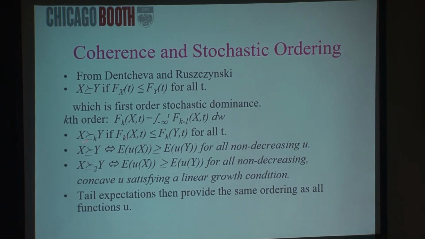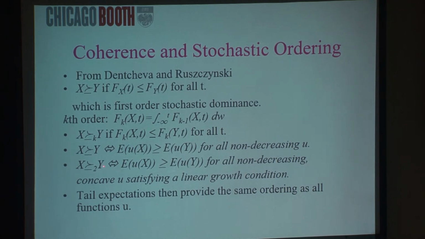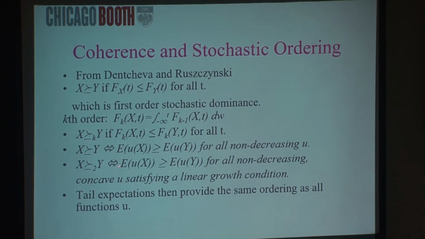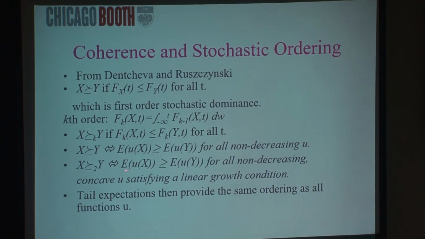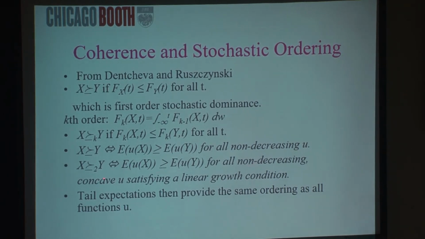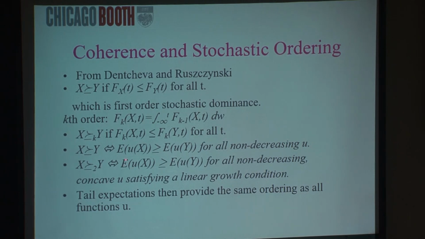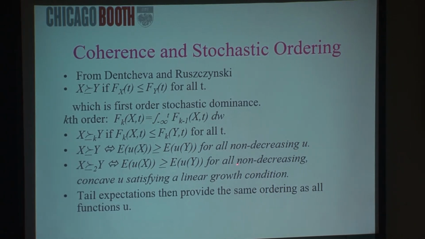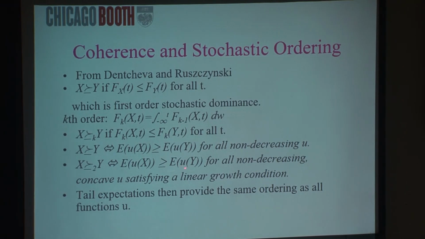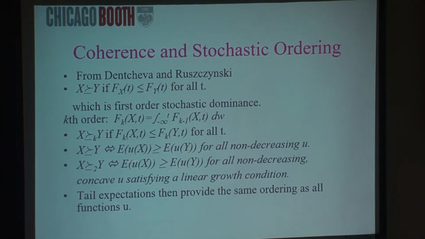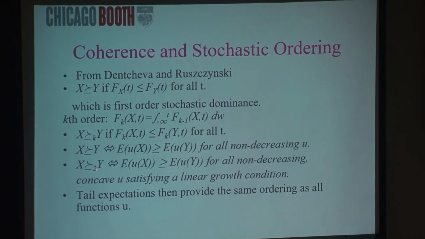This second order stochastic dominance says that x is going to be second order dominant over y if the expected value of any utility that's both non-decreasing and concave is greater than or equal to y's. So if you have second order dominance, it doesn't matter what utility function you have.